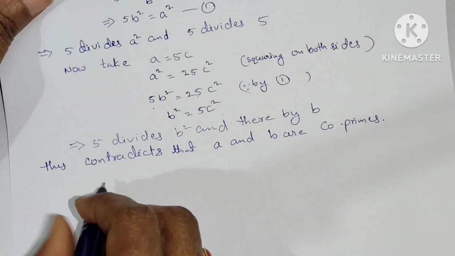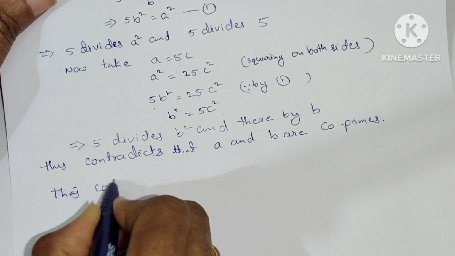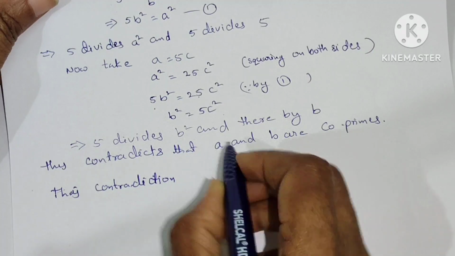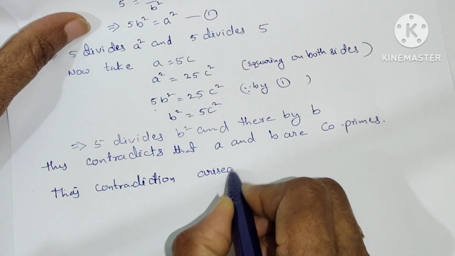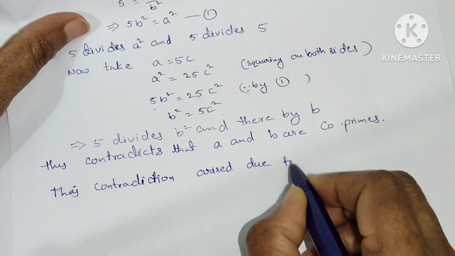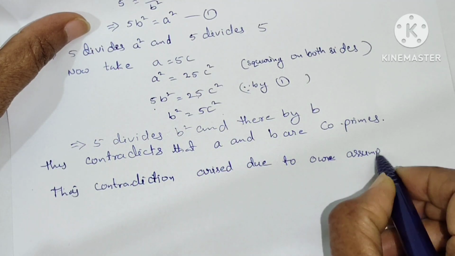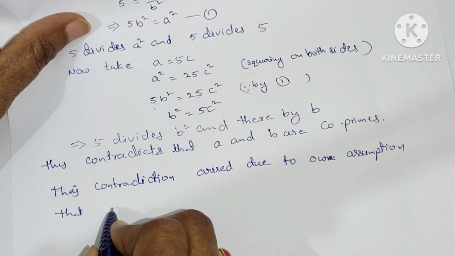So this contradiction arises due to the assumption that root 5 is a rational number.